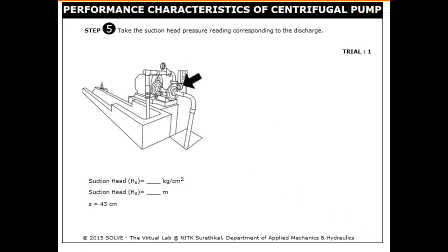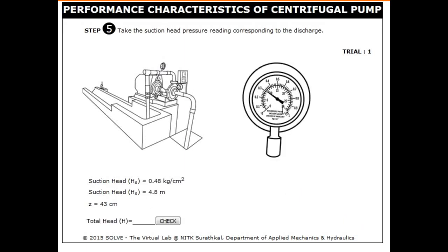Let me check the suction pressure value. The suction pressure head is 4.8 meters and this height Z is 43 centimeters. The height from the surface of the water till the pump center is measured as 43 centimeters.